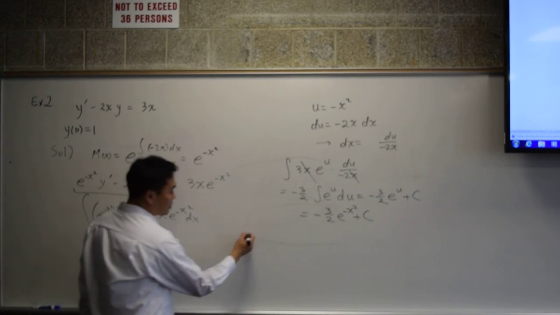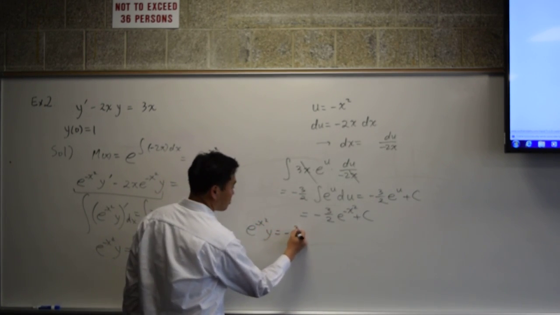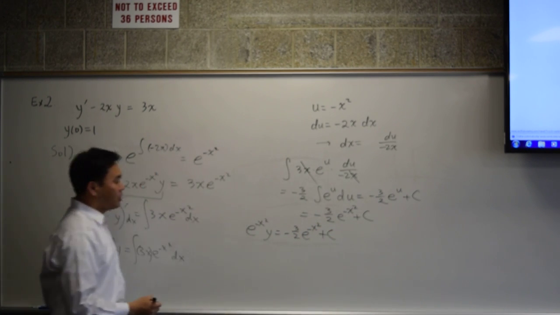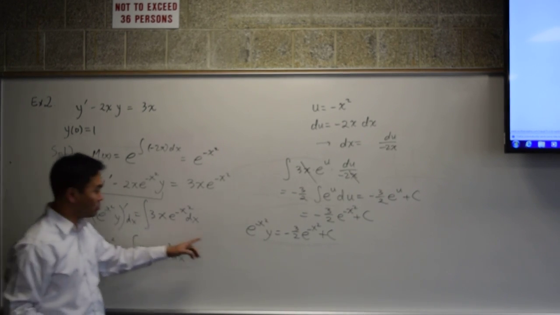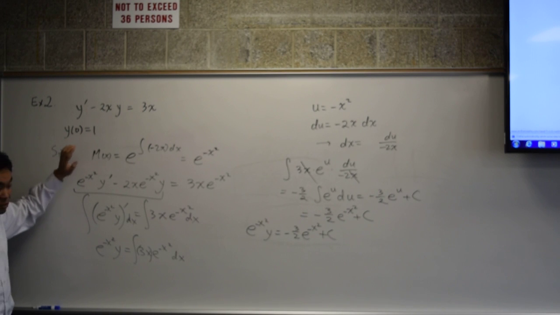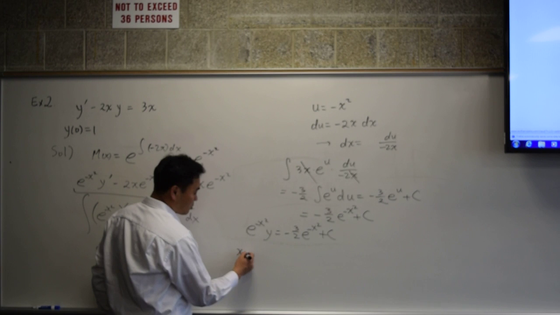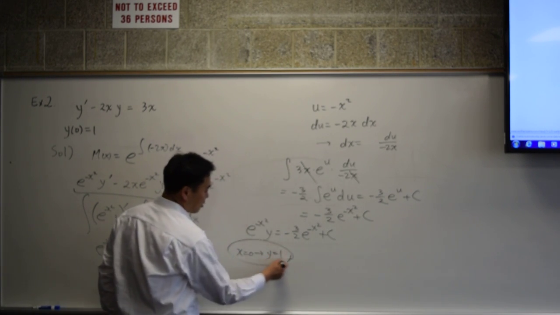Now I have e to the negative x squared times y equals negative 3 over 2 e to the negative x squared plus c. However, this doesn't satisfy the given initial condition. Sometimes the initial condition is not given, but if it's given, you have to make sure that it's satisfied. So what does that mean? If x is equal to 0, I want y to be equal to 1. So let's see how that applies.